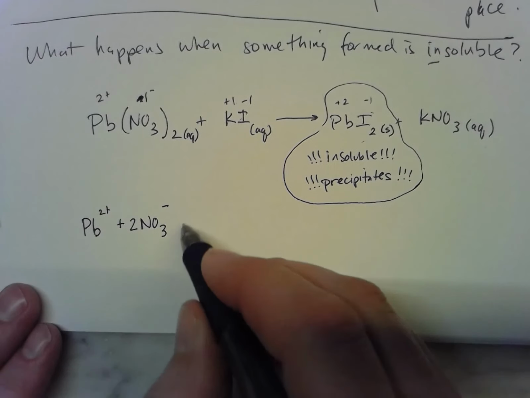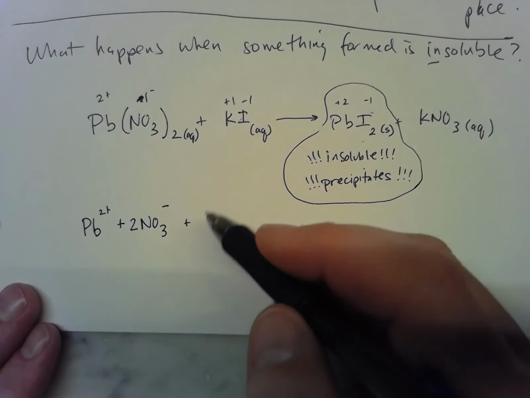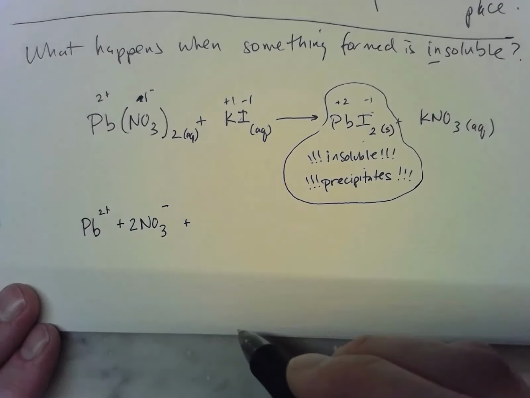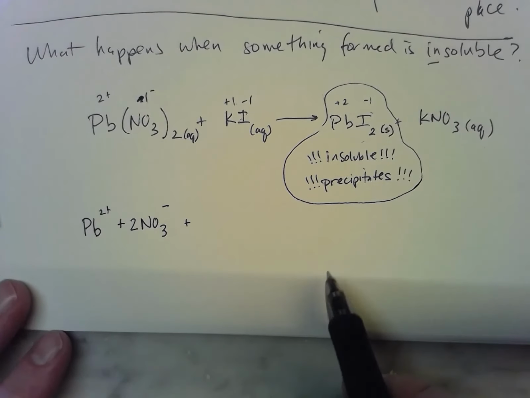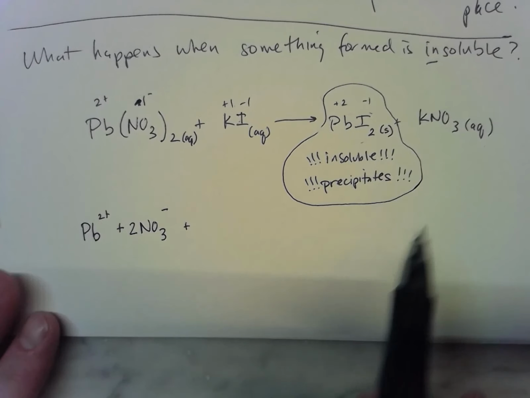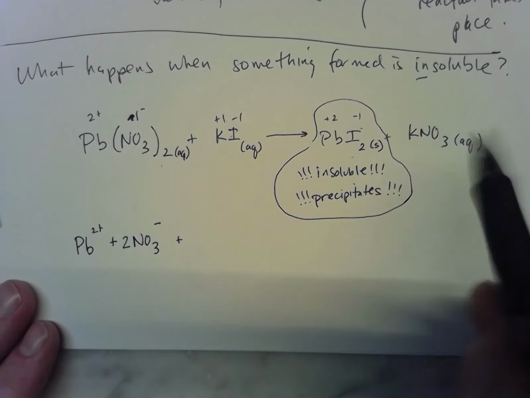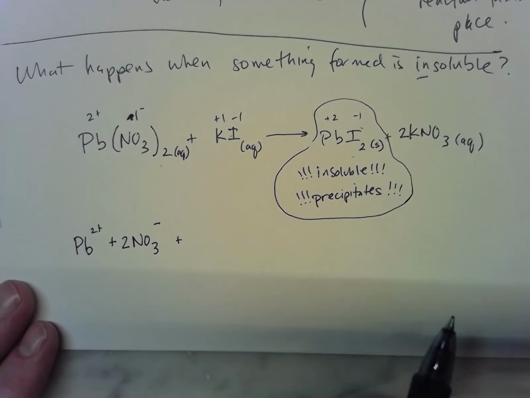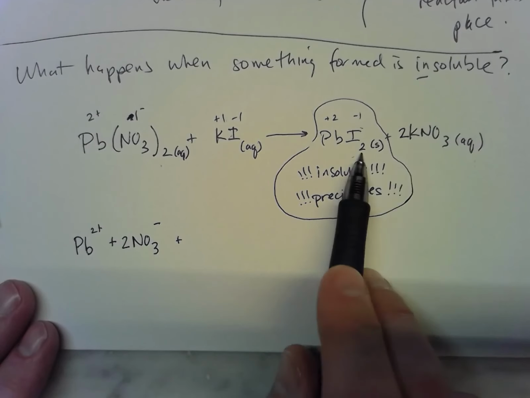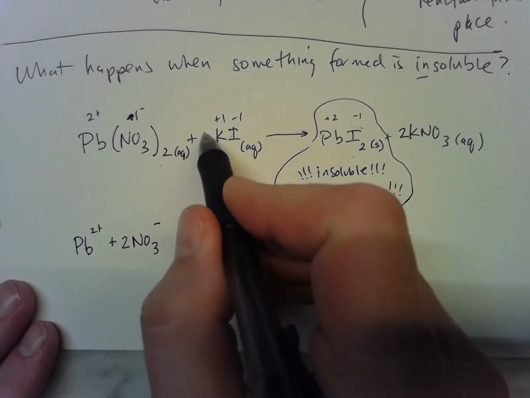Then we're just going to break this one up. Why did we have, oh, okay, we didn't balance it earlier. Let's go back for a second and balance this. We got 2 NO3s and only 1 over here, so let's put a 2 right there. It's going to give us 2 Ks there. We got 2 I's here and only 1 here, so this 2 is going to balance that.